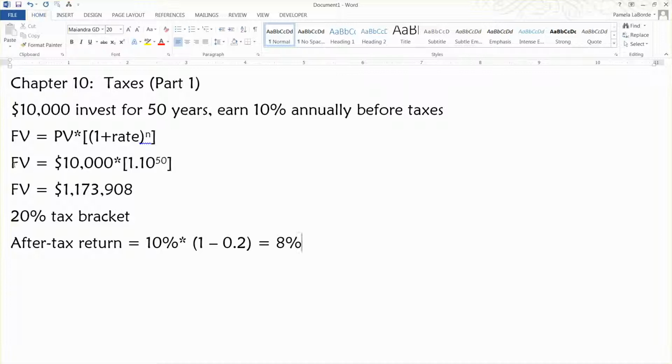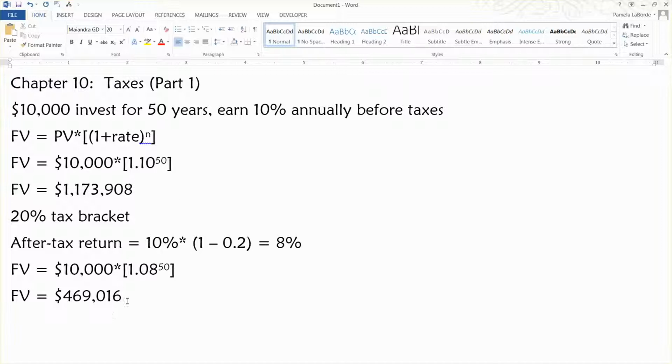Now I'm going to redo this formula but use 8% instead of 10%, which is obviously going to lower my future value. So this will become 0.08, but still to the power of 50. And I got a future value of $469,016, assuming I did all my math right.